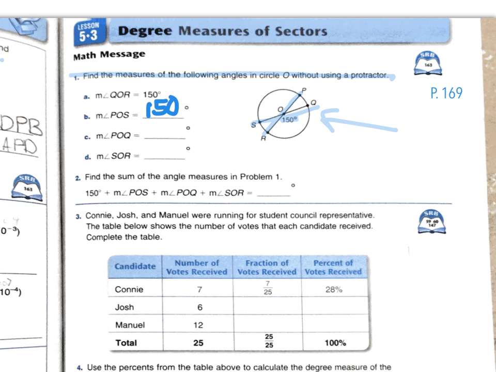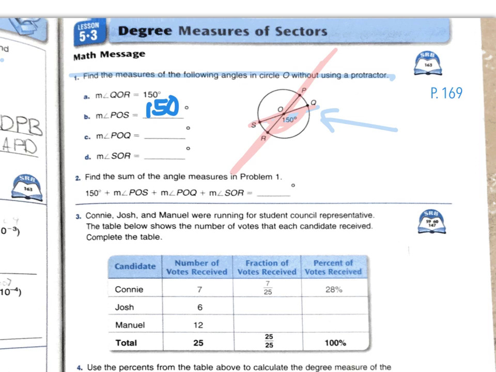Now that leaves us with POQ, which is over here, and angle SOR. Those are also vertical angles, and we can use what we know about supplementary angles to help us find the answer there. So let's say I'm looking for POQ. If I look at this straight angle, cutting it in half, I know that this part is 150 already.